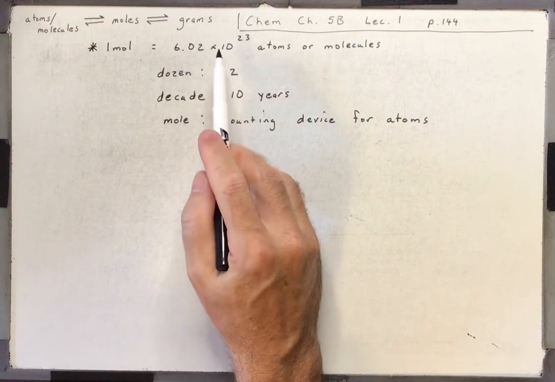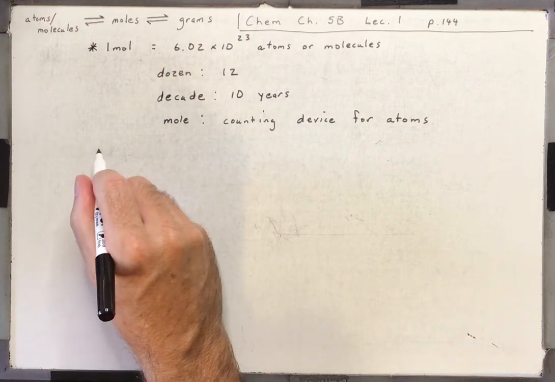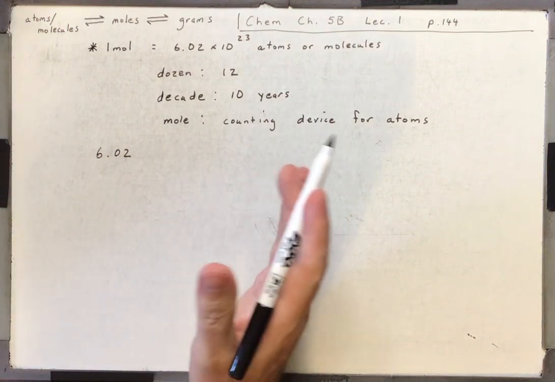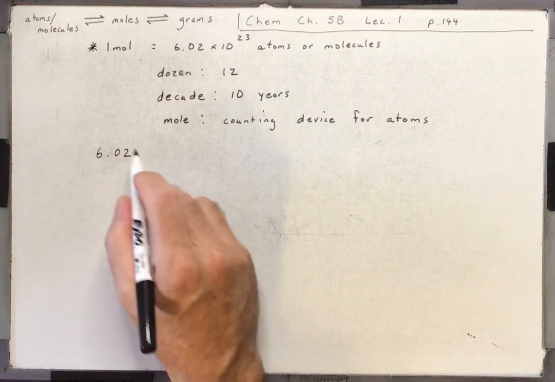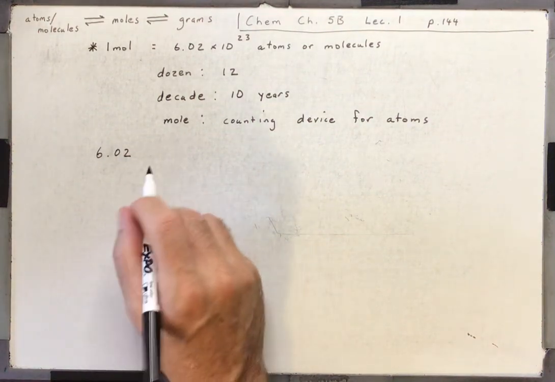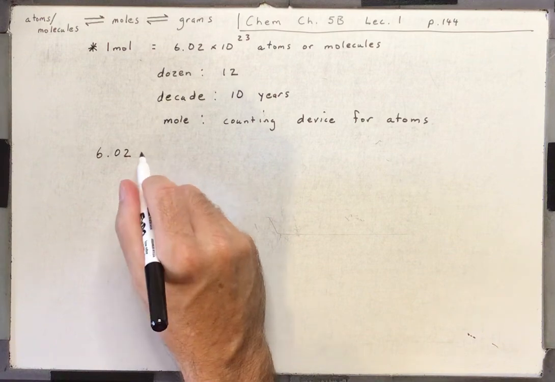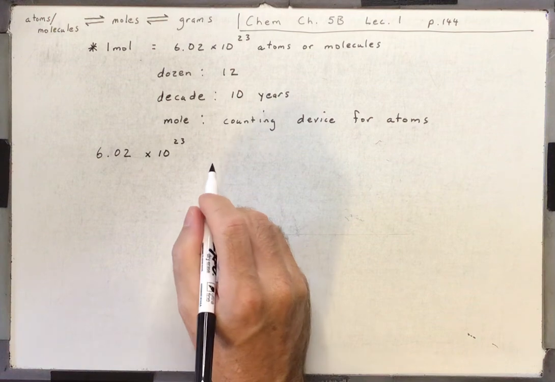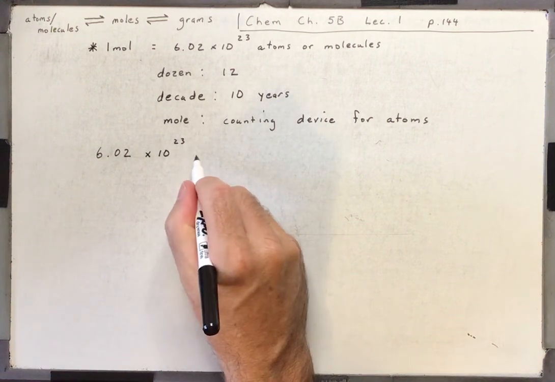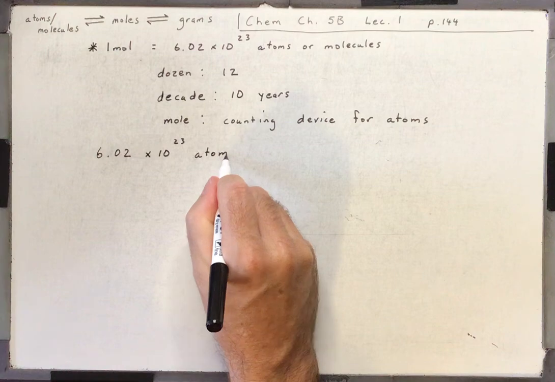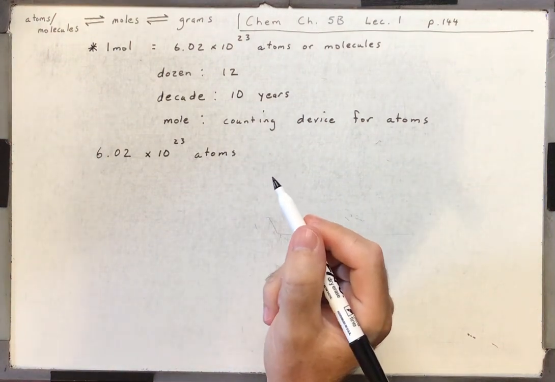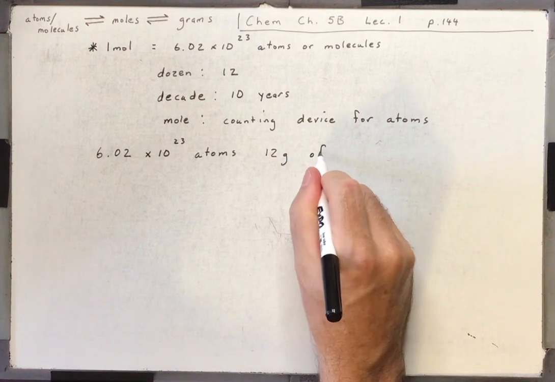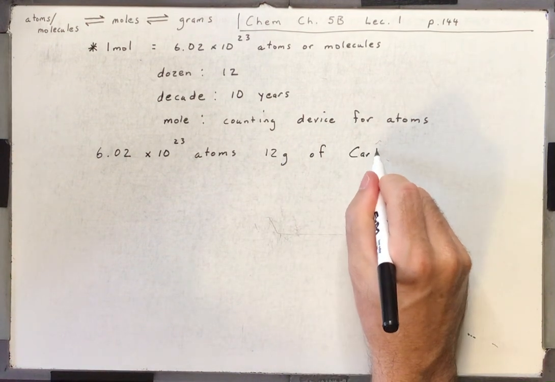Now, where did they come up with this crazy number? Well, Avogadro determined, or I'm not sure about that, we do call it Avogadro's number. You can Google Avogadro if you want, but there are 6.02 times 10 to the 23rd atoms in 12 grams of the most common isotope of carbon.